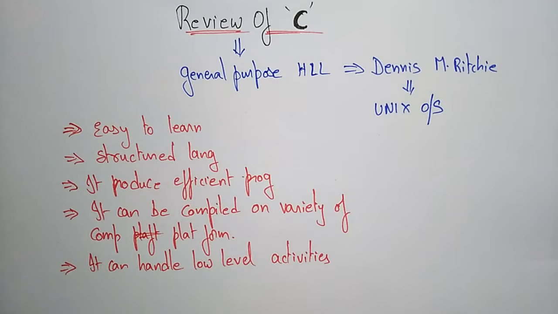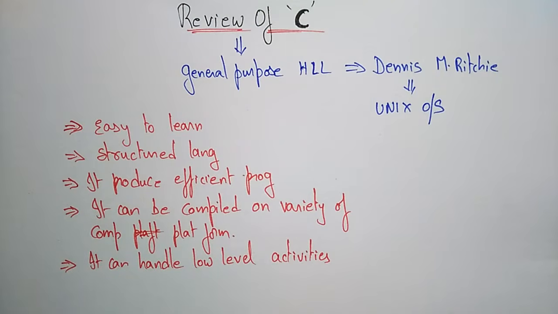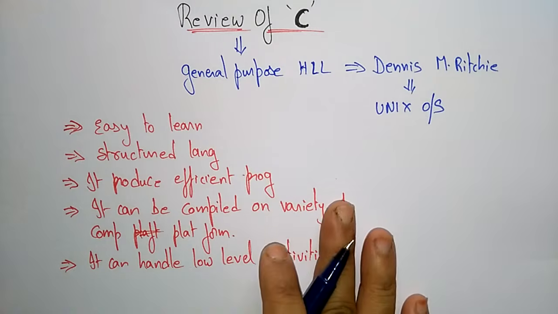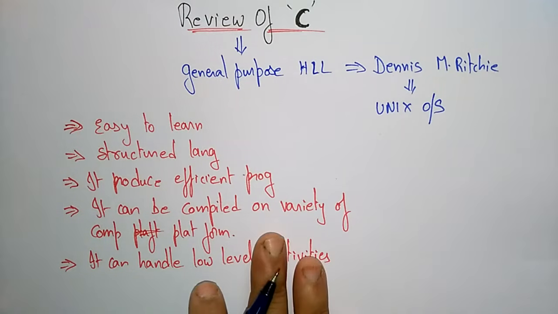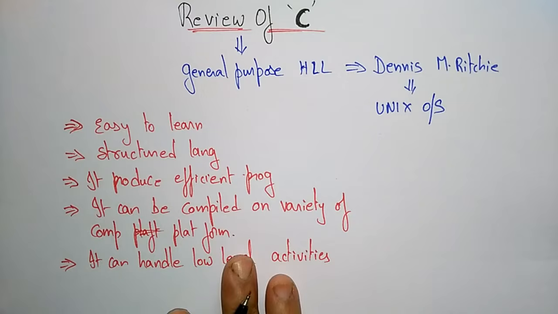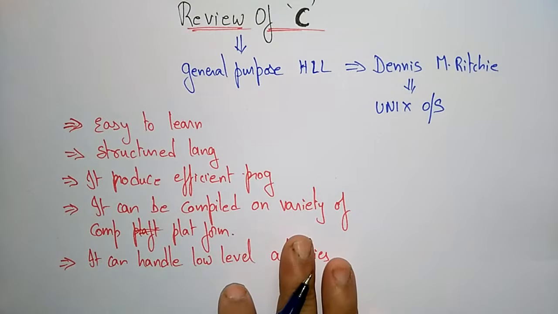Object oriented programming is used to develop high level activities, and OOPS has the ability to make the low level to high level by adding more features. So these are the reasons for using C and making it a professional language.